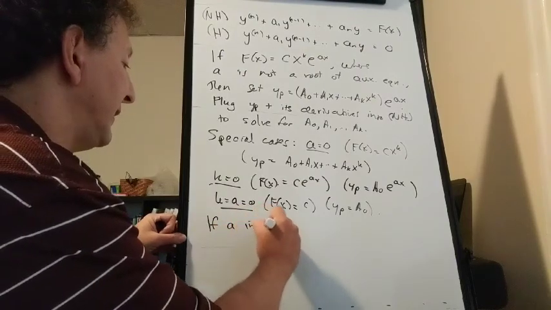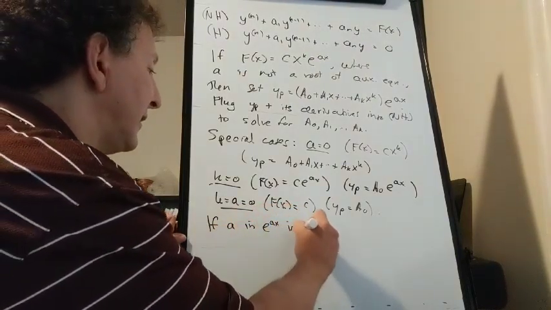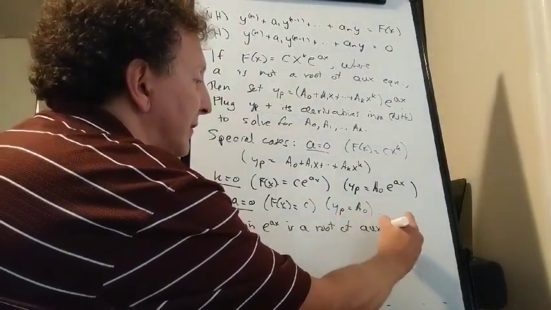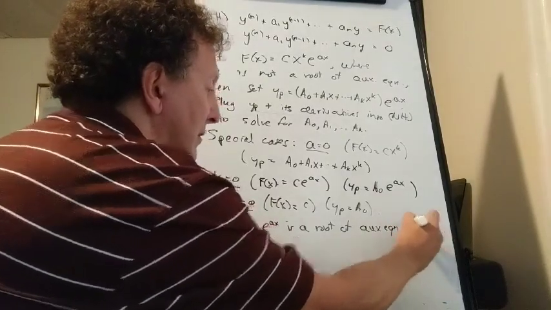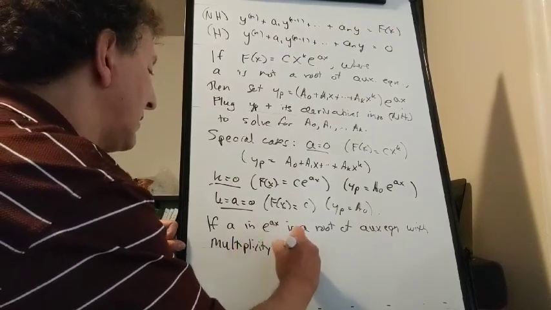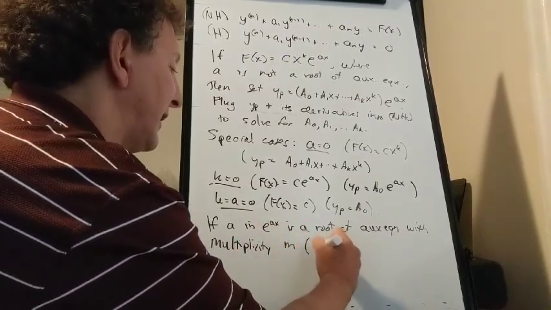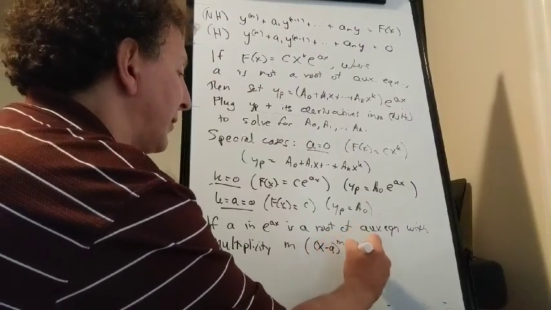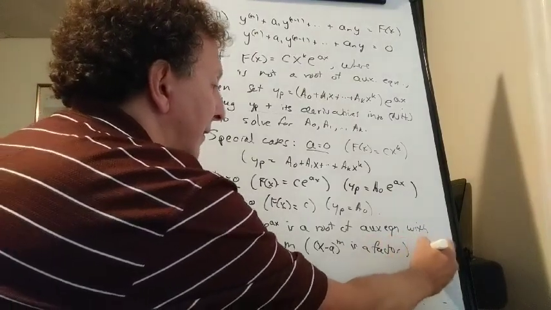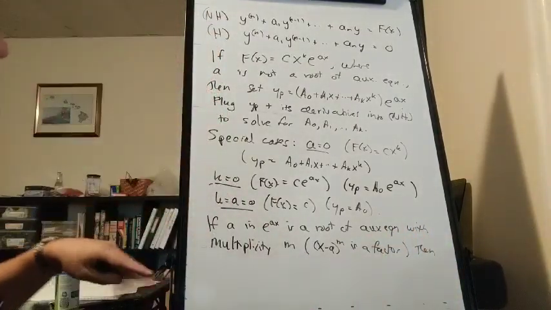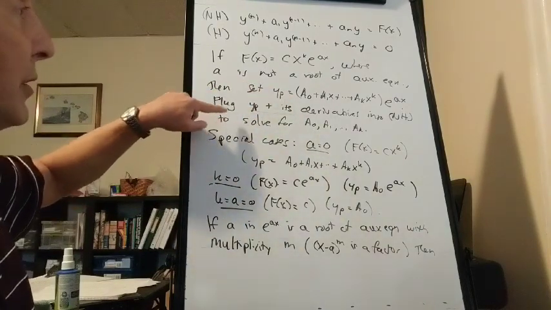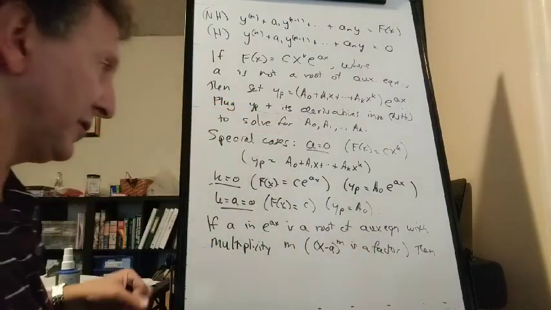If a in the exponential is a root of the auxiliary equation with multiplicity m, so that means that x minus a to the mth is a factor, then all we do is multiply this by x to the m before we take derivatives and solve for the coefficients.